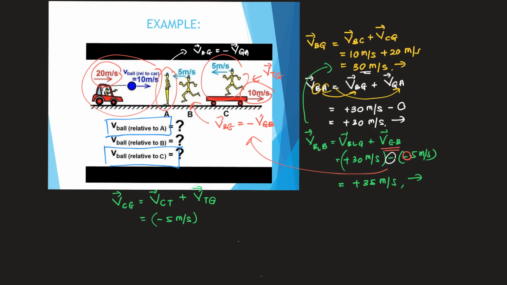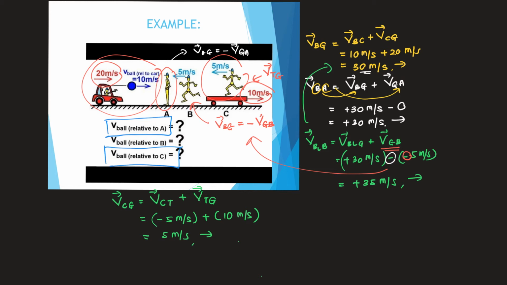So you are going to get plus, because it's moving to the right, 10 meters per second. So the answer is going to be 5 meters per second to the right. So someone on the ground sees person C moving 5 meters per second to the right. Now we are going to solve for the velocity of the ball relative to C.